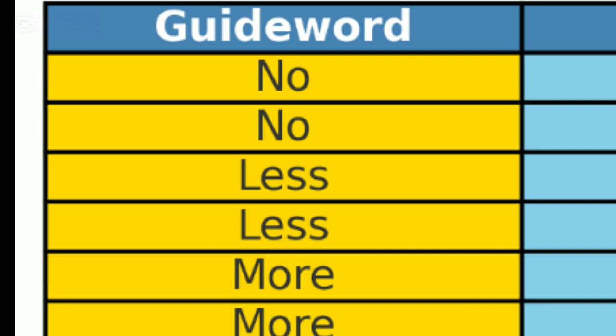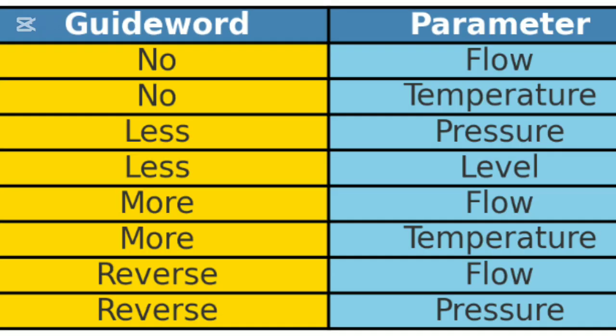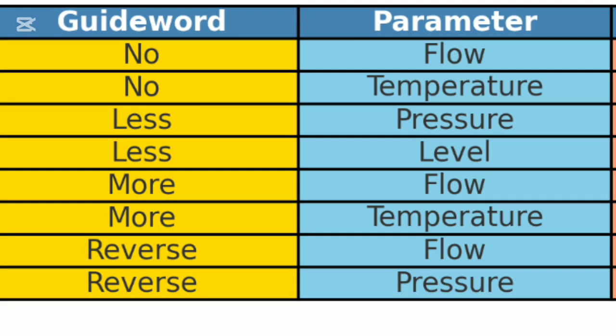Today, we will focus on three important guide words: no, less, and more, and see how they apply to process parameters like flow, temperature, level, pressure, and composition. By the end of this video, you will have a solid understanding of how these guide words help to uncover potential risk in your process. Let's get started.